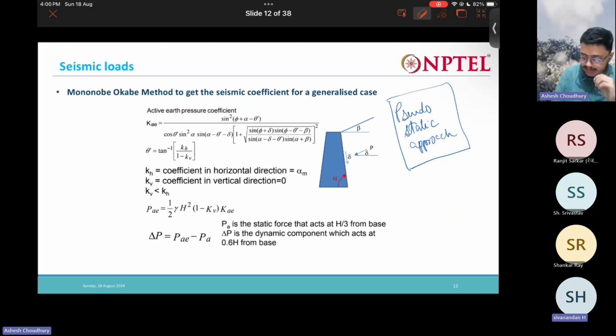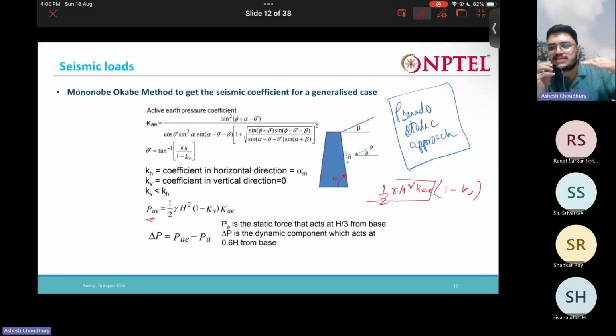So here you can see, how is PAE calculated? Half into gamma H square KAE times 1 minus KV. Now KV is the coefficient in the vertical direction, so generally we can consider it 0.